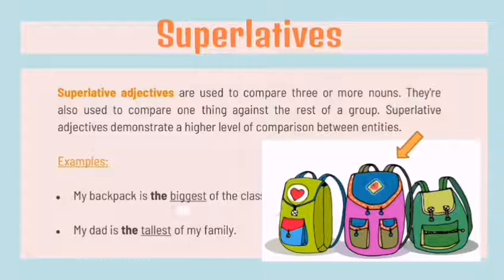And we have the rest of the sentence. In the second one, we can see the same structure too. First, the noun that is being compared, verb, the word the, the adjective with the superlative form, and the rest of the sentence.